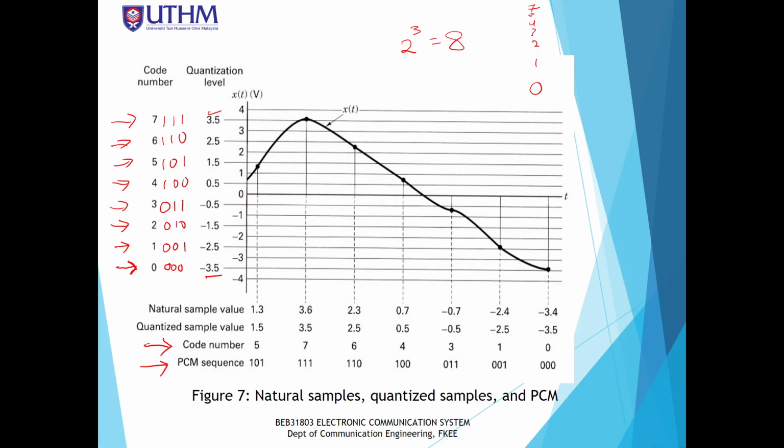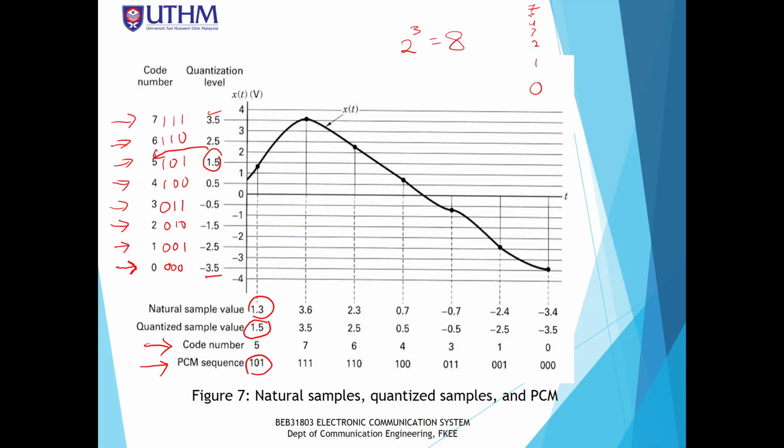If you see from here, the first sample is 1.3. We quantize to the nearest quantized level, 1.5 volt, which is represented by code number 5. Code number 5 is 101.